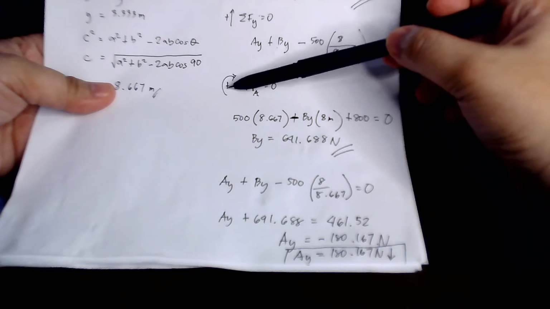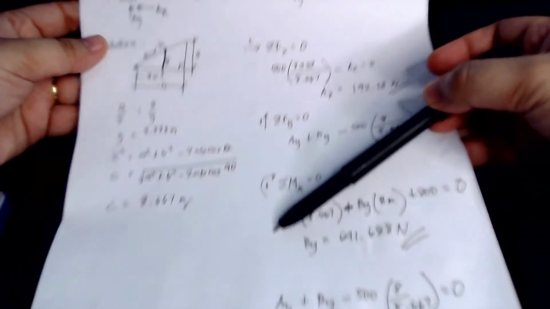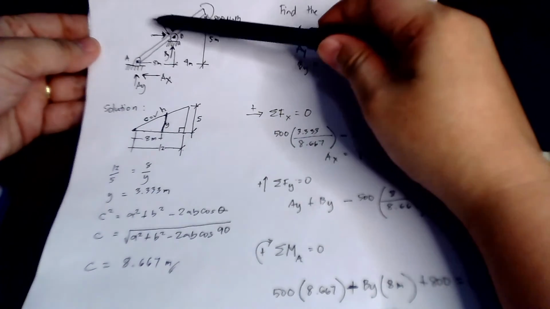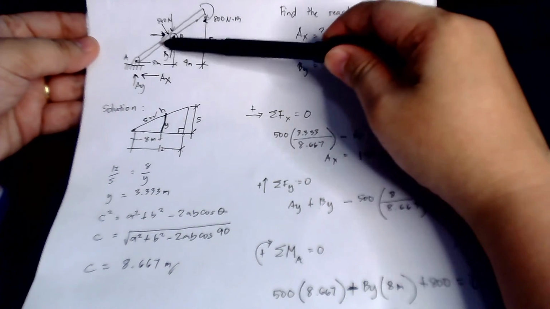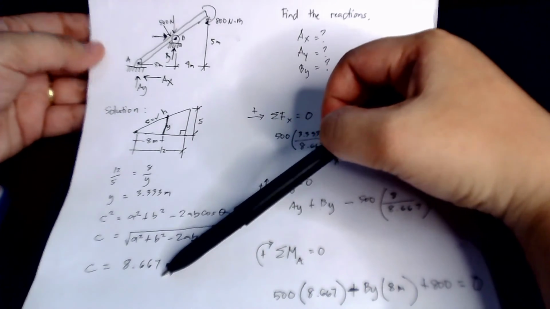Assuming clockwise is positive, you will get 500 and your moment arm is the value of your C, so 500 times 8.667.